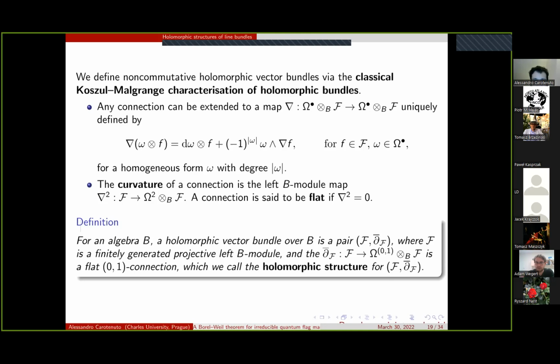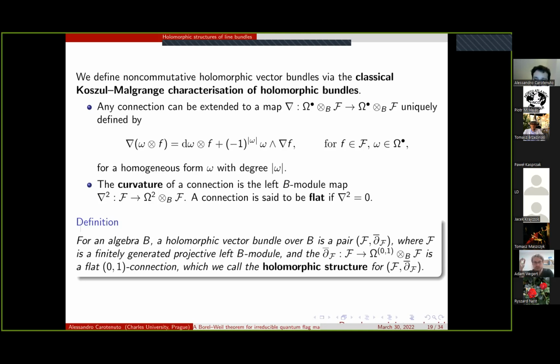It's flat on the restriction to 0-1. One thing is missing here, namely the extension of this del bar to the product omega 0 bullet tensor F, and this must be a complex.